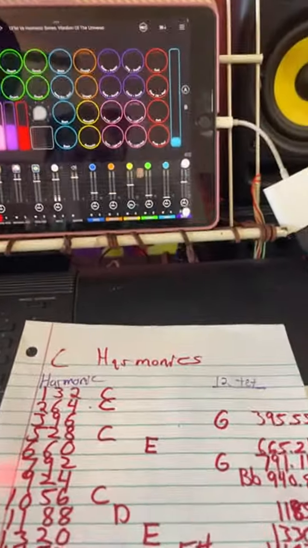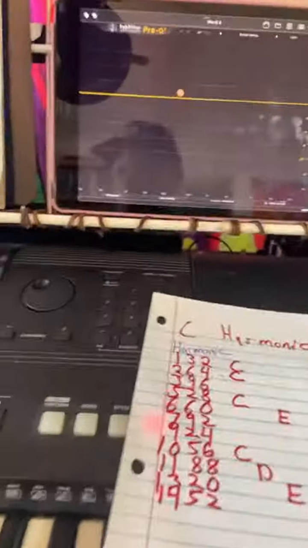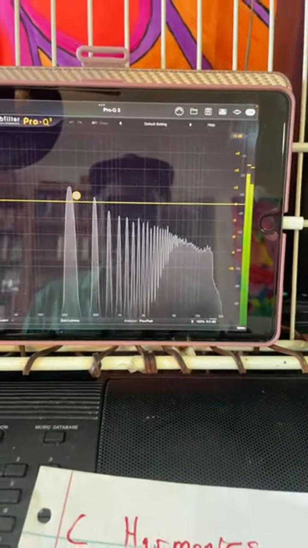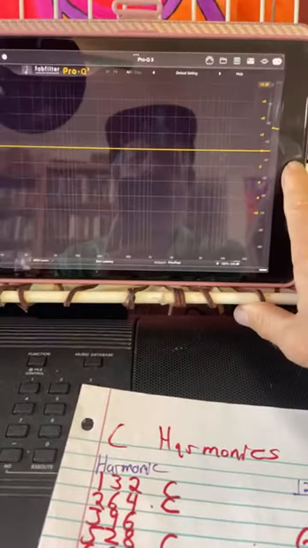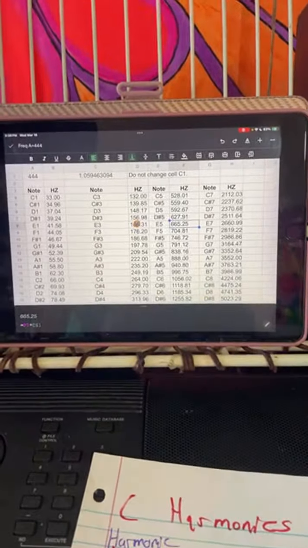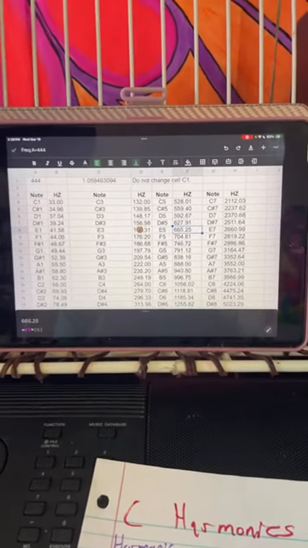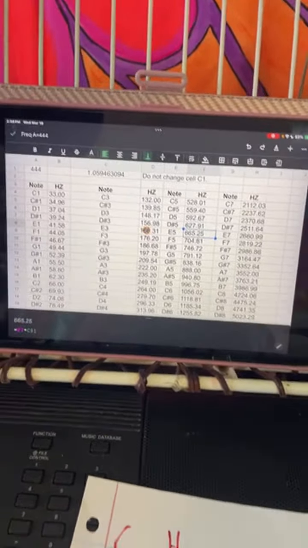So if we take a look at this right here, if I play a single note, right, I get a whole bunch of pitches. That's the harmonic series, right? Now, this 12 tone equal temperament. Let's take a look at this spreadsheet. So this is how we come about with the 12 tone equal temperament, the 12 TET, which is the standard tuning system of all pianos, right?